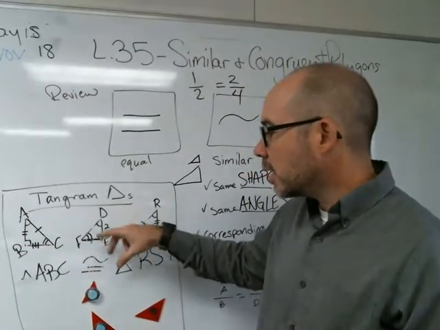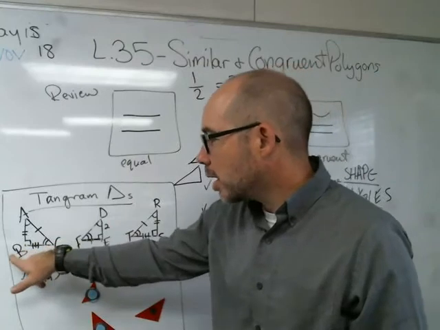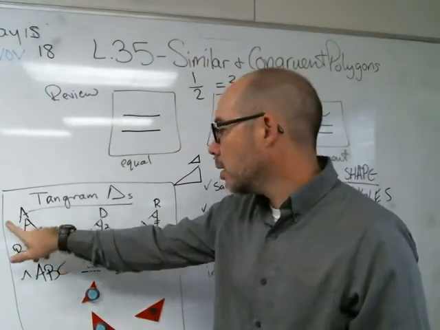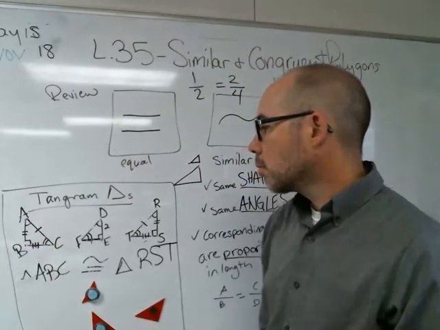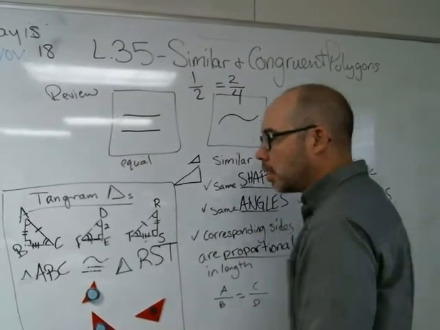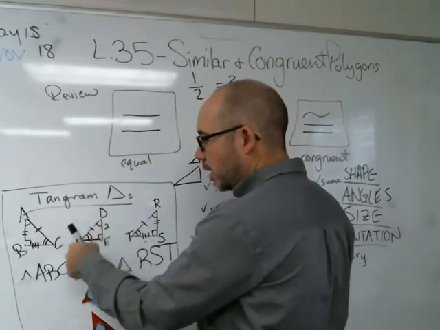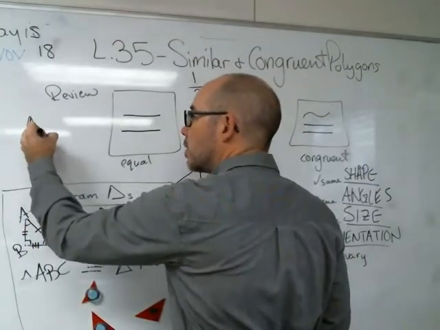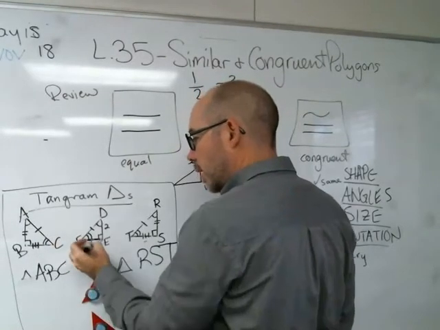Even though it's oriented differently, I can match up that angle E matches with angle B, angle D matches up with angle A, and angle F matches up with angle C. And if they are similar, that means that side D to F corresponds to A to C. That is the ratio of, oh no, I shouldn't do that yet.